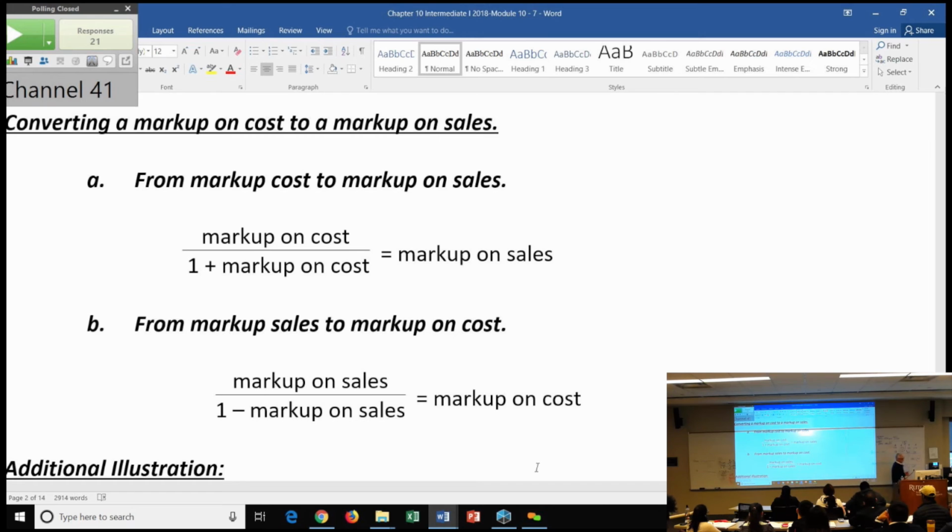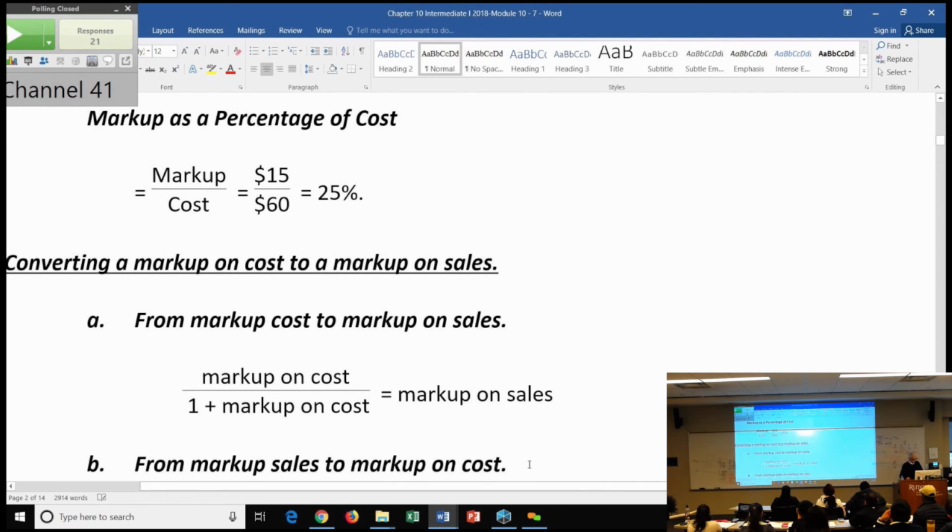It's the markup on cost divided by 1 plus the markup on cost. If you want to try that, the markup on cost in this example is 25. 1 plus that amount is 1.25, and the markup on selling price, which is the gross profit percentage, is 20%.